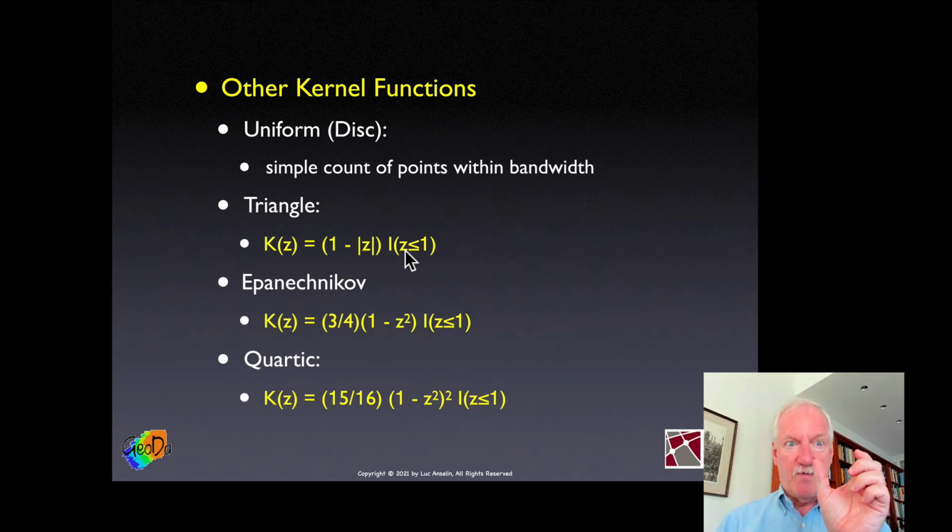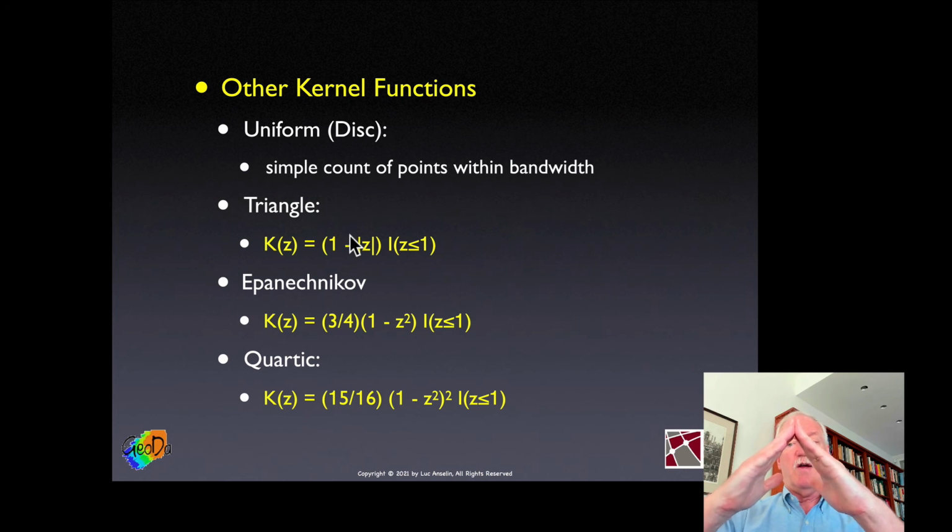It's the fraction of the distance to the point over the bandwidth. So it's 1 minus z. As z increases, this number gets smaller and smaller. It's linear, it's a triangle, so when you hit the bandwidth, z is 1, and so this is 0. So then it stops.